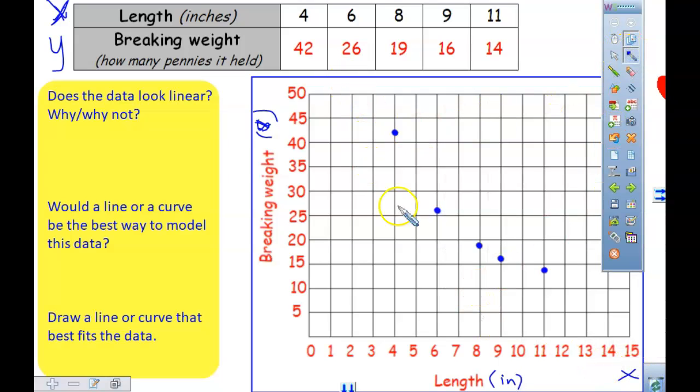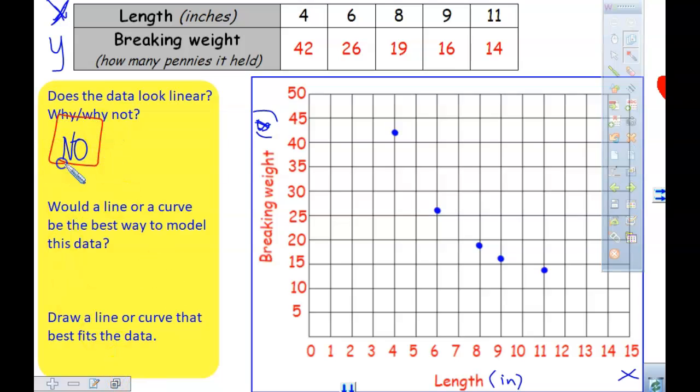So does the data look linear in the table? You would probably say no. Why would it be a no that my data in the table up here doesn't look linear? Are we subtracting the same thing every time? No. So why does the data not look linear? The reason it does not is there is not constant addition.